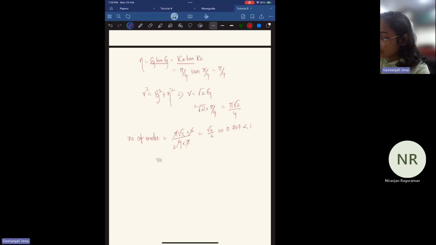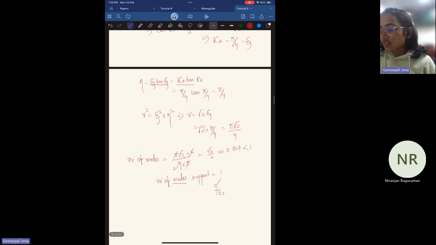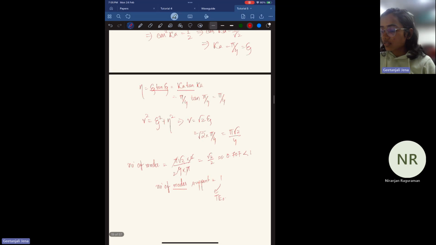So the number of modes that the waveguide supports is 1. That means the waveguide supports only the fundamental mode, which is TE0. So always in the question, please see whether the field is given or the intensity. Instead of taking intensity, if you would have taken field, then you will get the wrong answer.